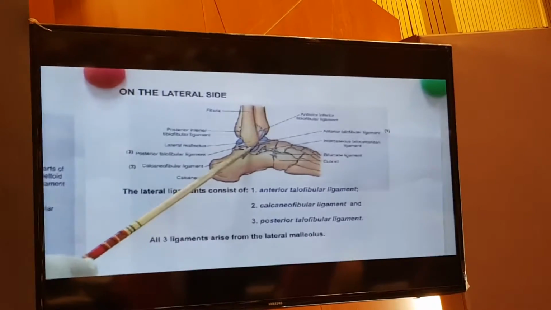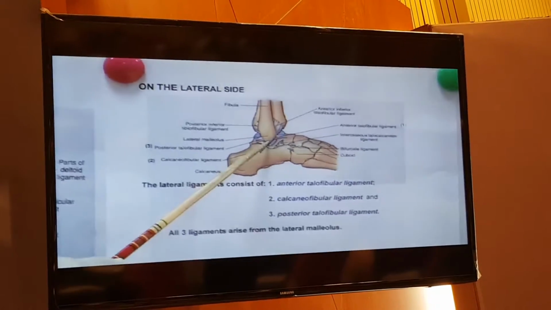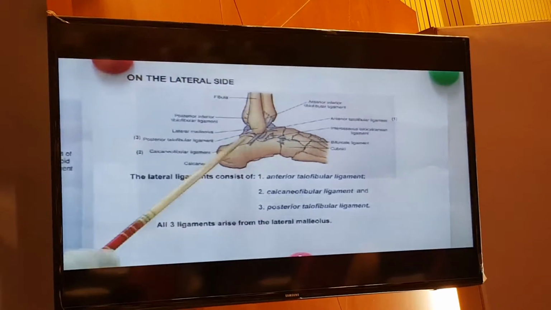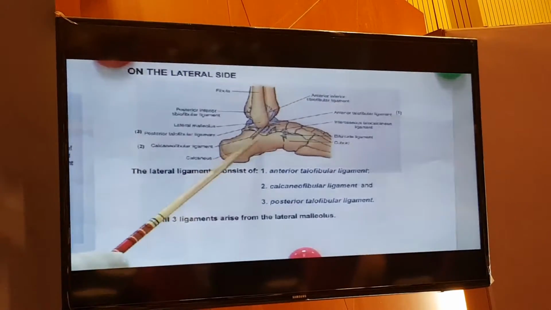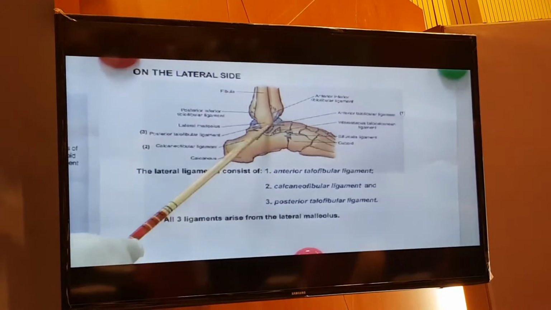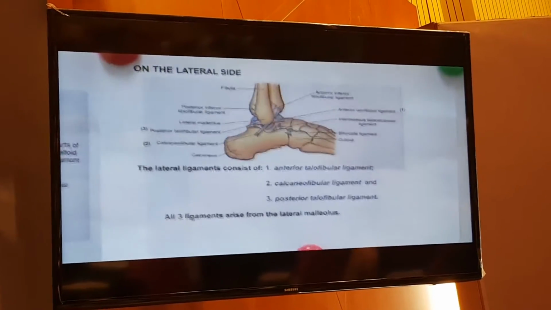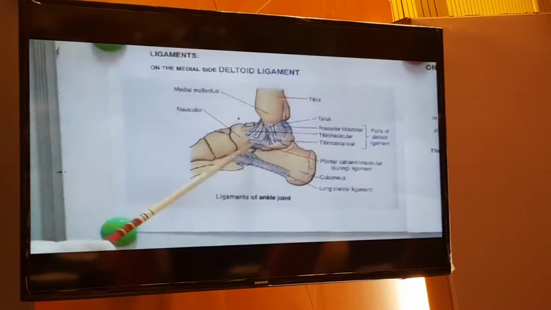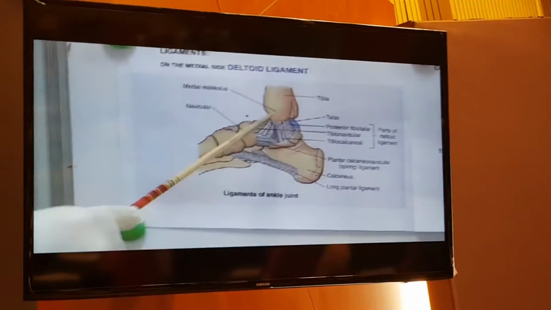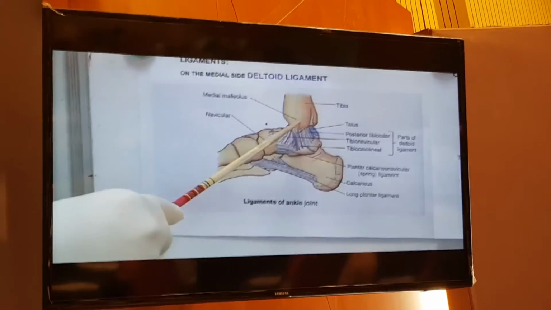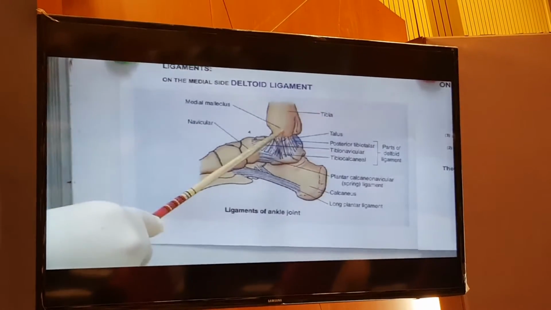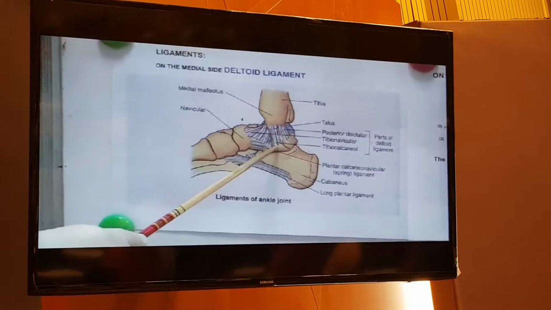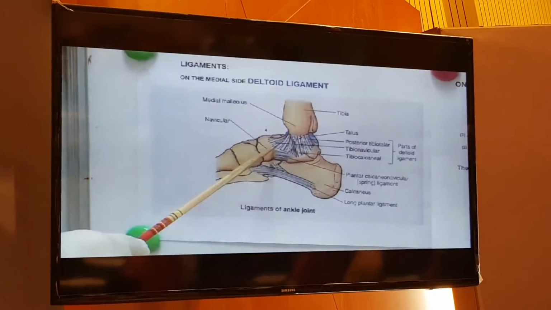So on the lateral side, we have three ligaments: anterior talofibular, posterior talofibular, and calcaneofibular. But on the medial side, we have one big triangular ligament, the deltoid ligament. Above, it is attached to the medial malleolus of the tibia. Below, it is attached along the medial surface of the talus.